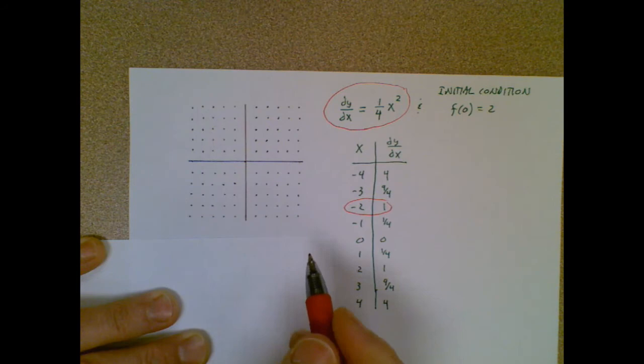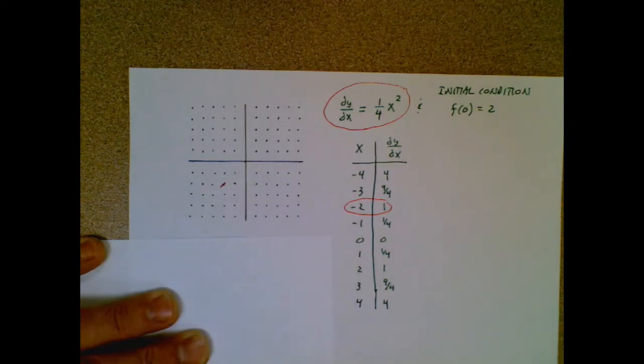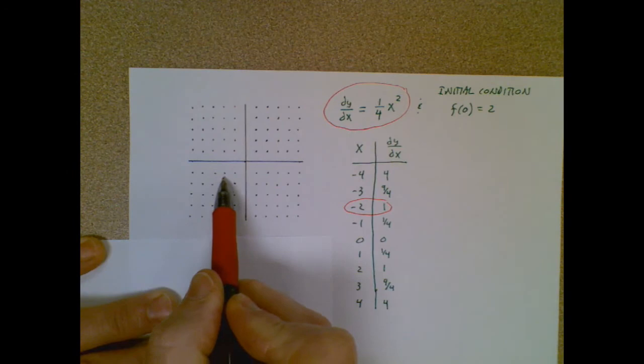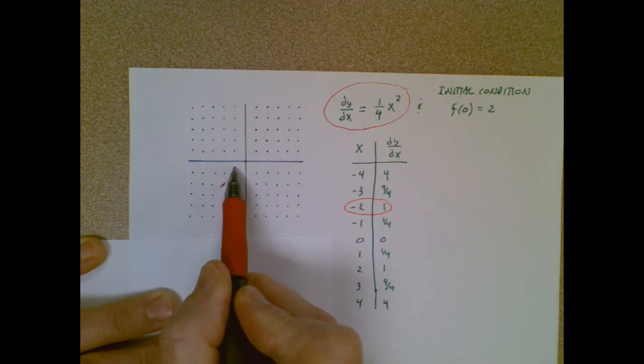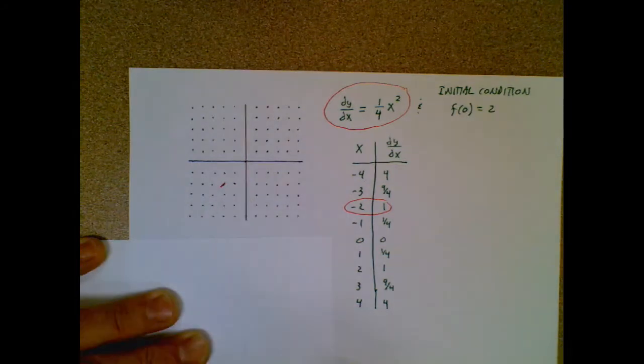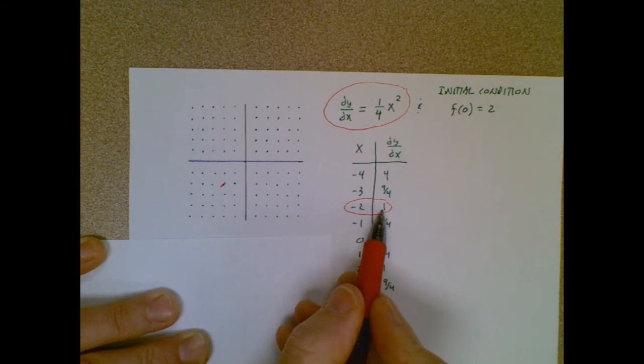So what I'm going to literally do, I'll take any of these dots where x is -2, and I'm going to draw a little slash that represents a slope of 1. It's on the trajectory where if I went up 1 over 1, up 1 over 1, up 1 over 1, that's the trajectory of this slash. So at x equals -2, my slope is 1.